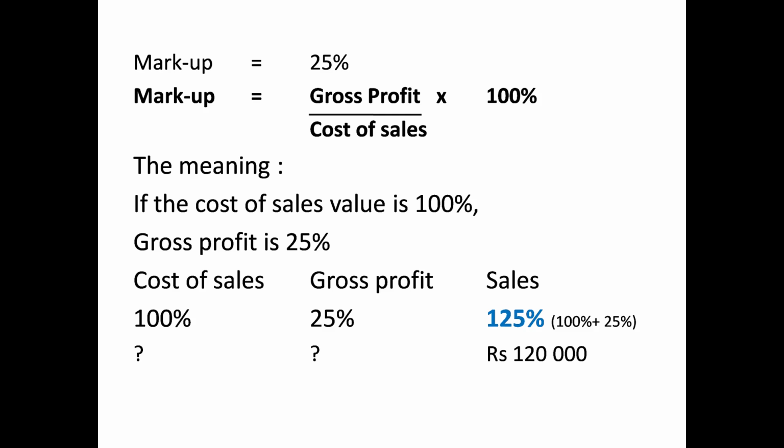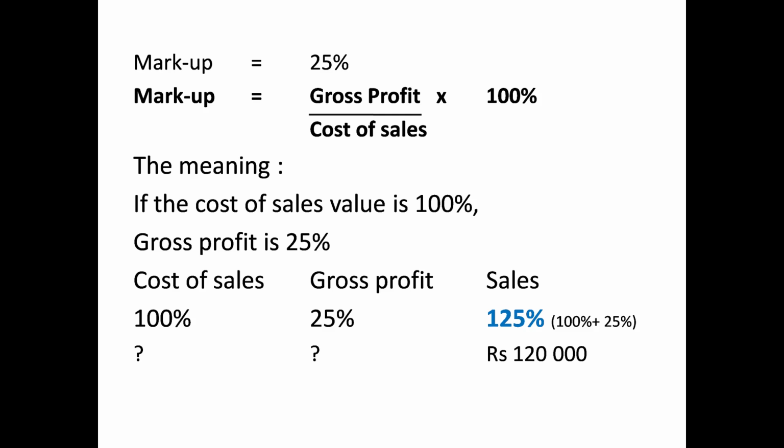So under cost of sales, you are going to write down 100 because it's markup 25%. Gross profit 25, cost of sales 100. That's the assumption. Then the gross profit should be 25%.